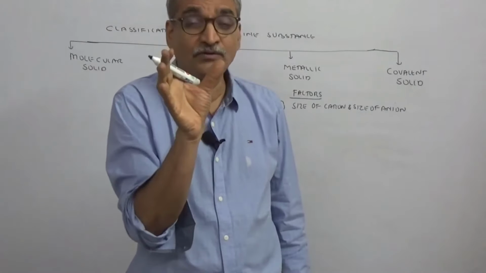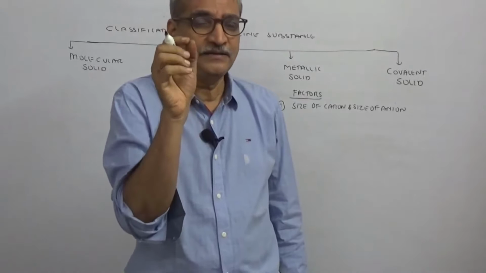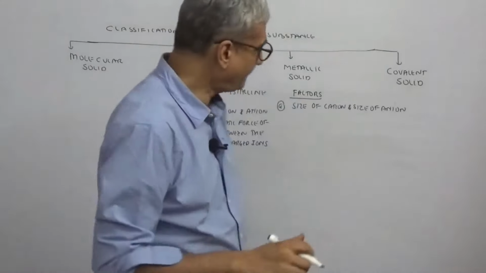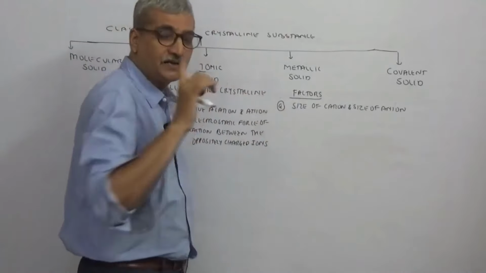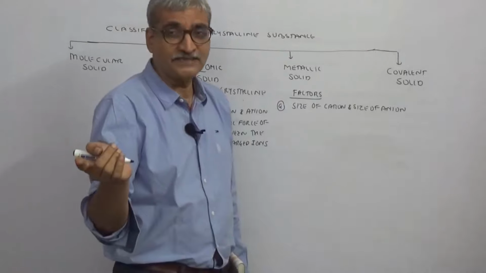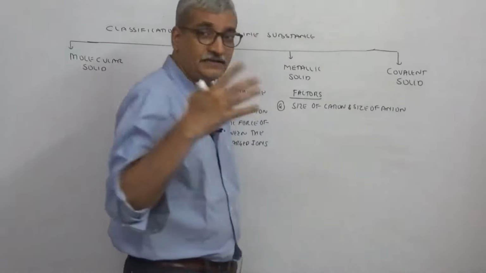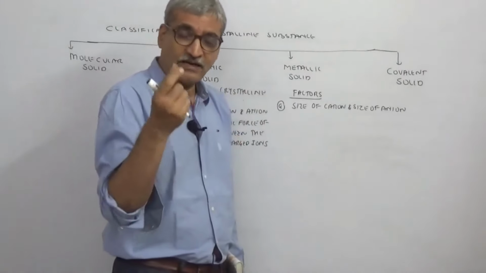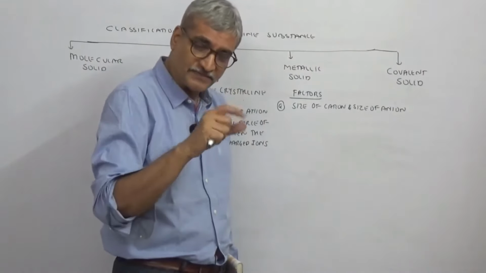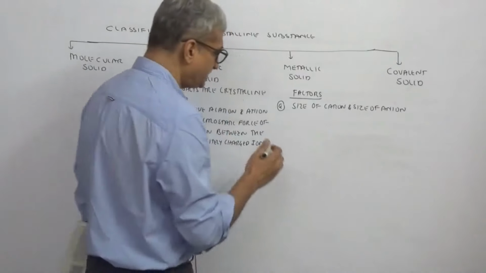Then this solid may not be very strong. It will be very brittle. You can break it very easily. When I come to body-centered cubic lattice and face-centered cubic lattice, you will understand how the size of cation and anion leave void spaces and how the cation occupies the void space in the crystal lattice.